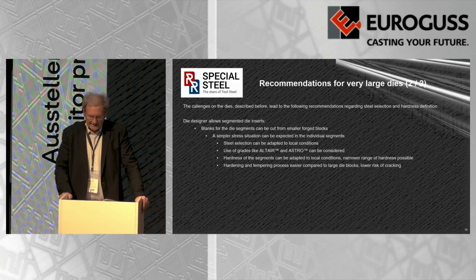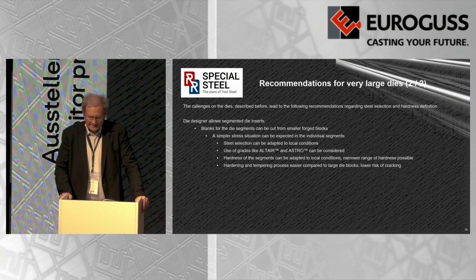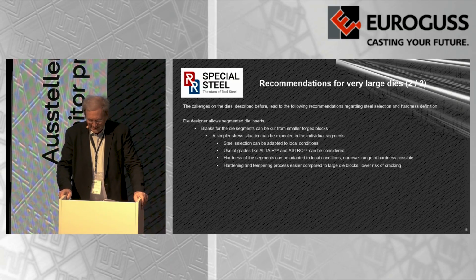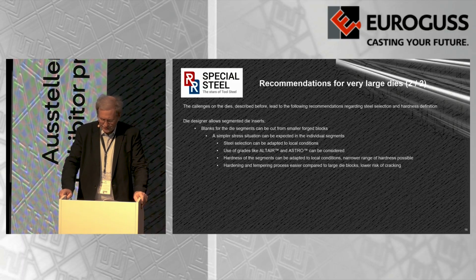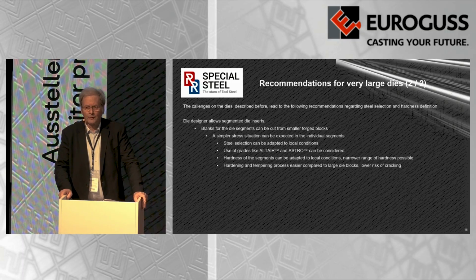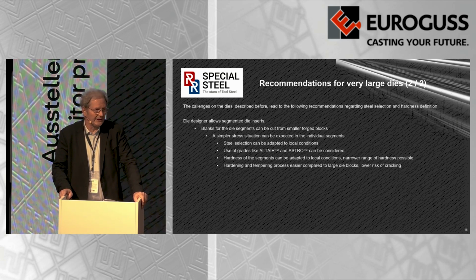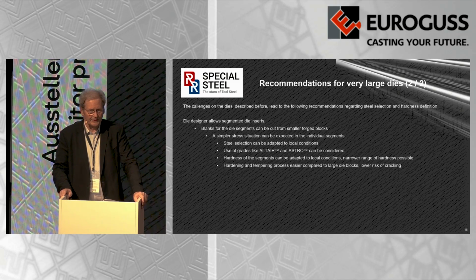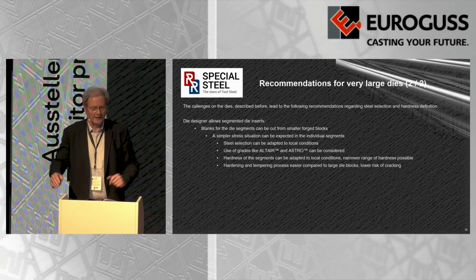Steel grades like Altair and Astro can now be taken into account, and the hardness range can be a little narrowed again. And within these segments, we get then a better thermal shock resistance. And one great advantage of segmented large dies is that the heat treatment of these partial die inserts is much easier as it is for one large monoblock.